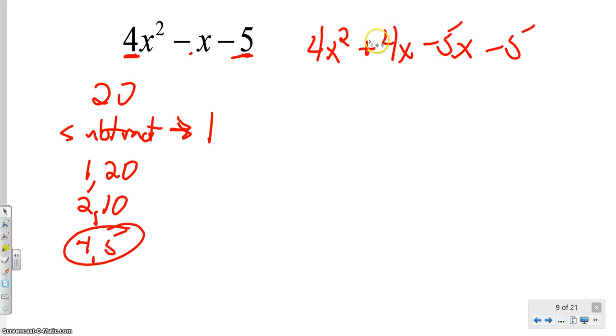Well, if you notice, I have to subtract these, all right? So that gives me the 1. But remember, when you're subtracting, one must be positive, one must be negative. So since this is a negative here, that means the larger number 5 has to be negative. So that's the reason I put the negative with the 5. Okay. All right, now group them.